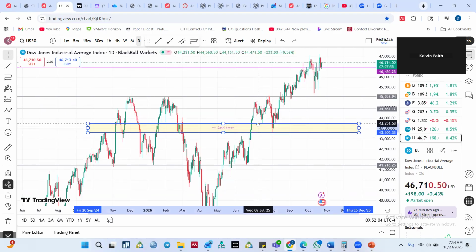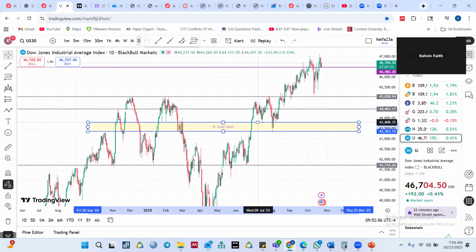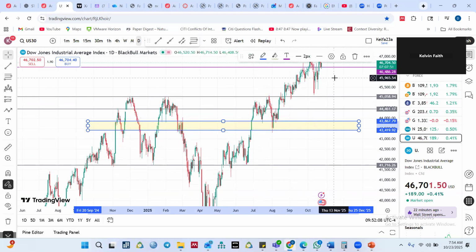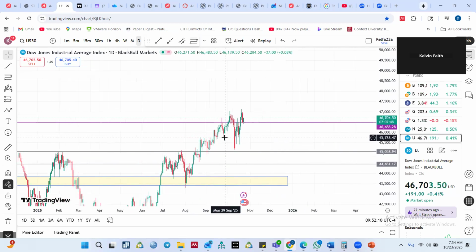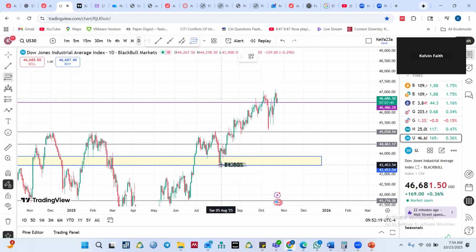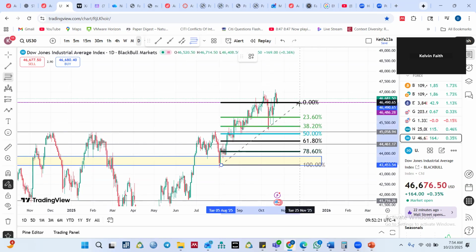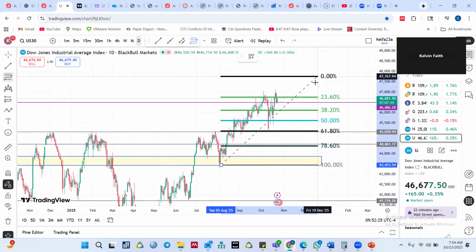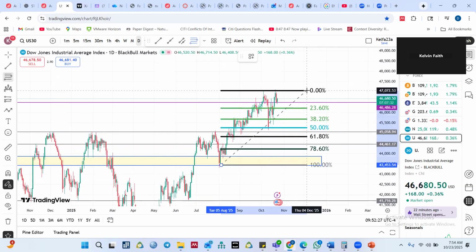Let me refine that point. Yeah, like this. From that point to the upside, let's see, because that move has also broken structure. So let's see how it measures.